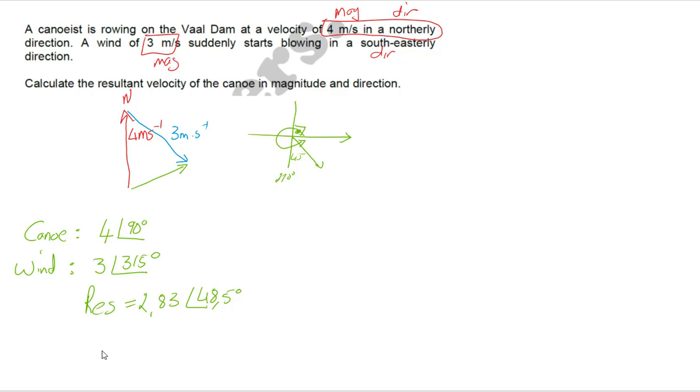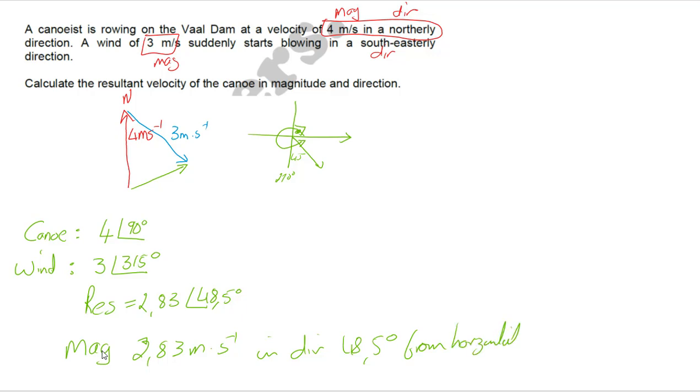Let's interpret our results from the complex numbers. The magnitude is 2,83 meters per second. In the direction, 48,5 degrees from the horizontal.